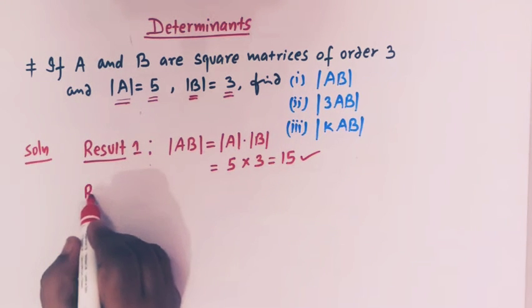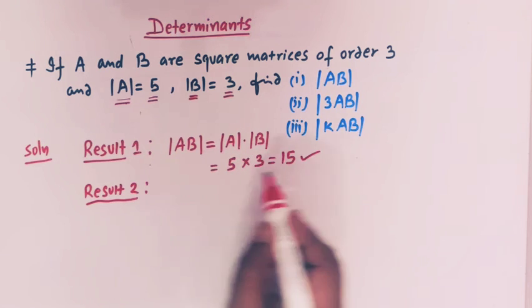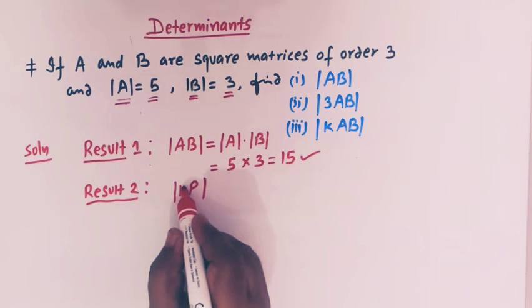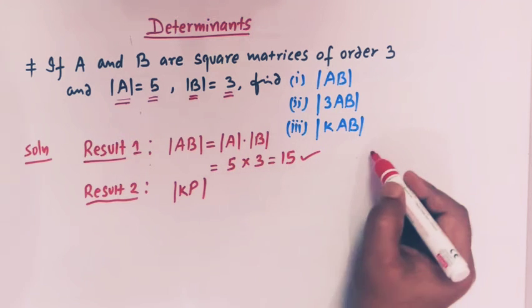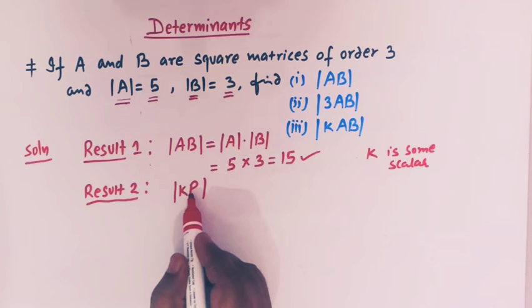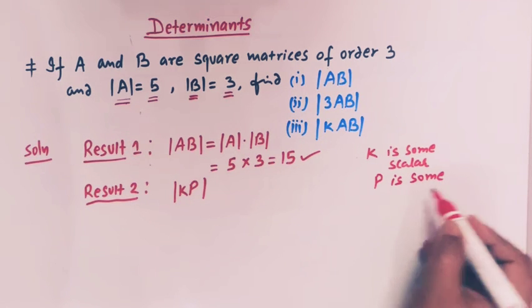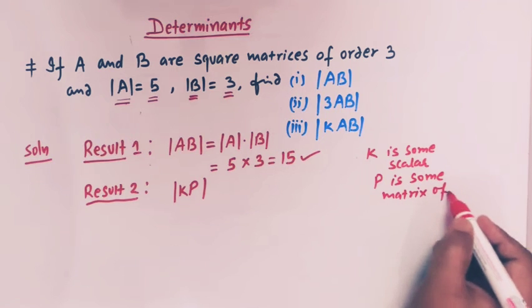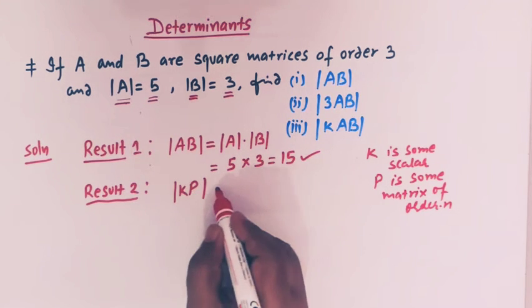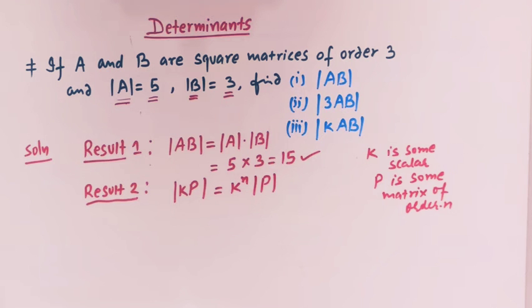Now in the second part we'll make use of the result that if P is some matrix of order n, and we multiply it by K, some scalar, then the determinant of KP is equal to K raised to n times the determinant of the matrix P. Clear?